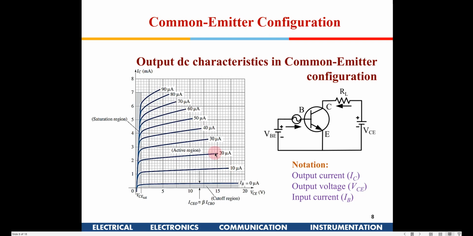Now if you go higher up here, you are going to have a DC beta of 20, and here it is not even 150, less than 150, whereas here it is slightly higher when you compute the beta. So you will have to target some beta value, and using that target beta value, we decide on what is the collector current.